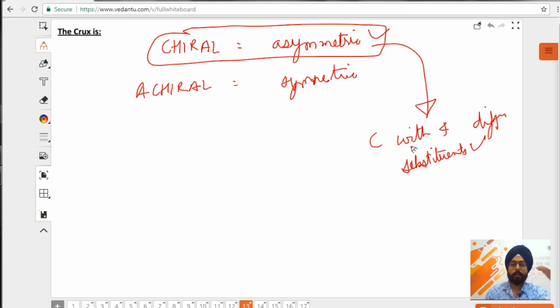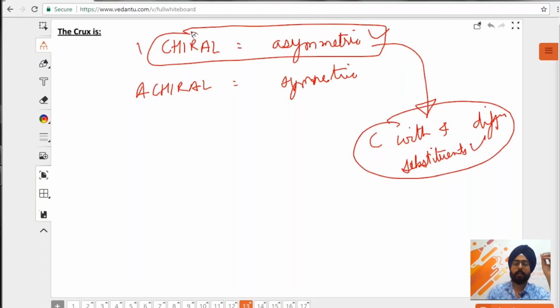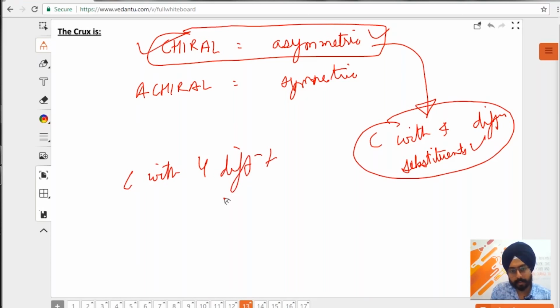All right, carbon with 4 different substituents, that is called a chiral carbon, and this particular type of carbon will show you the property of being able to rotate the plane polarized light. All right, so all you have to see is carbon with 4 different groups. That's all. 4 different groups is what you have to see.